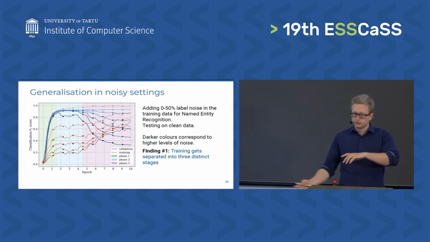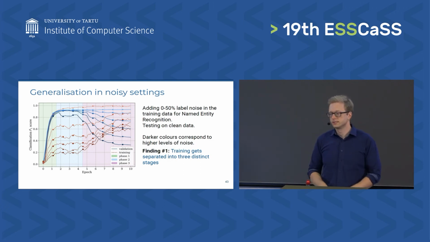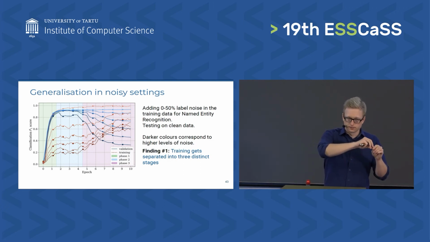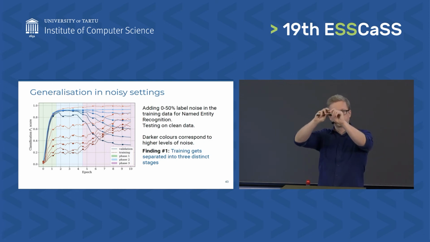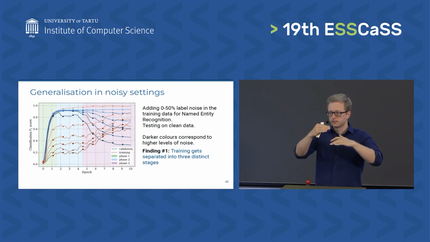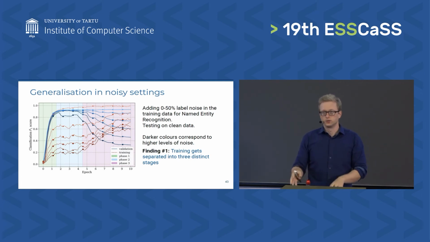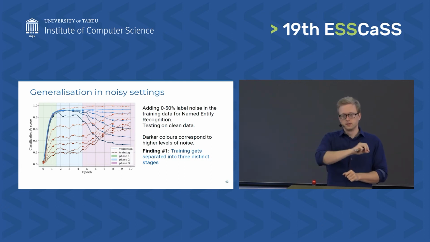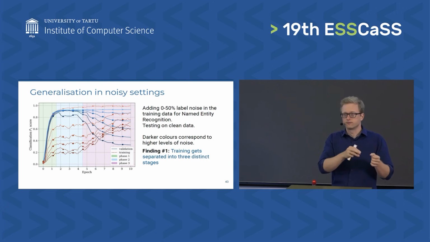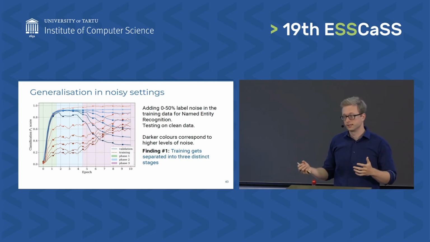This is very similar to previous generation neural network models in that there's a learning stage where performance goes up and an overfitting stage where performance goes down. But this plateau stage is something new and a bit unusual, because previously it was taken for granted that performance just keeps on improving until the model starts overfitting.